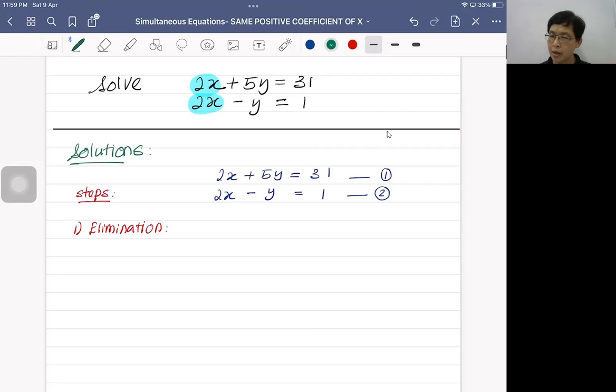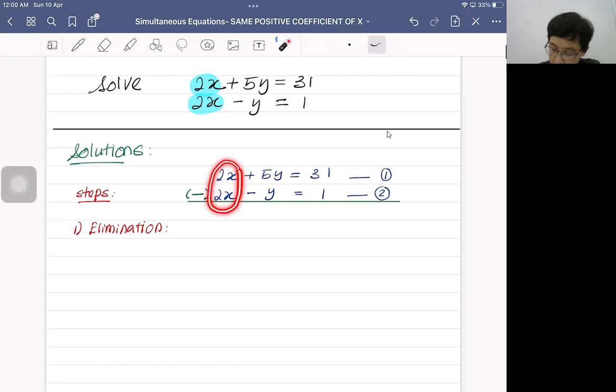But if not, let us just do it in a simple way. I'm just going to put a minus sign here, and then take a ruler and underline that. I'm sure all markers or examiners love neat work. So now, looking at the x term, 2x minus 2x, you know that they are eliminated.